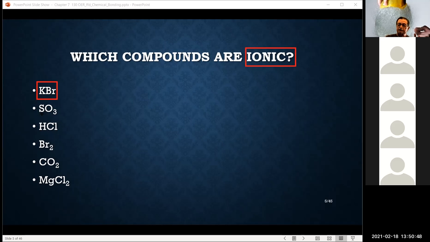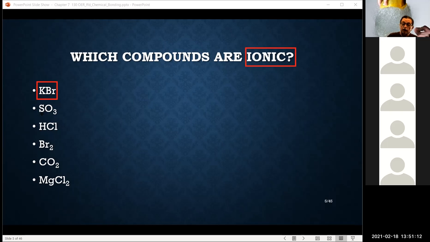The next one has sulfur and oxygen. Notice that sulfur is written first, right? And then followed by whatever is bonded. You will learn that the first atom is generally the central atom, and then these three oxygens are bonded around the central atom.